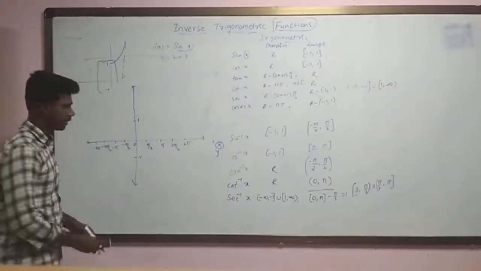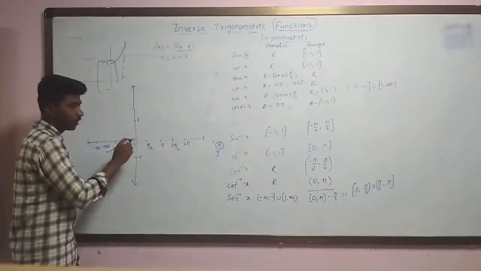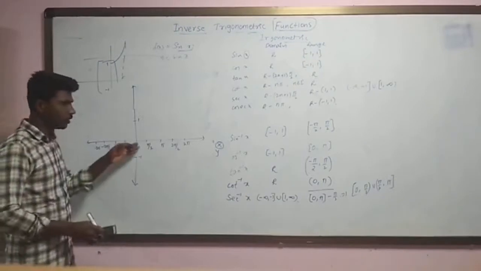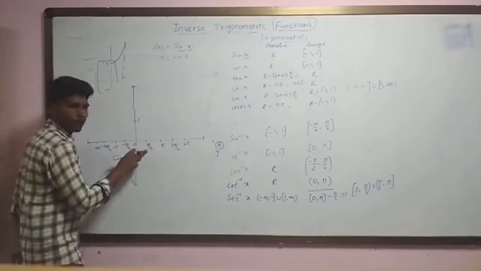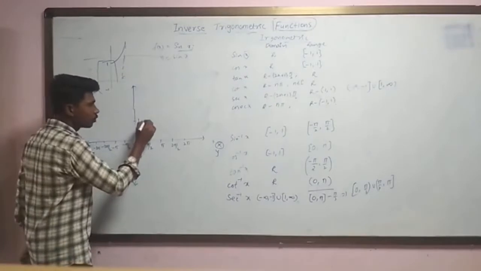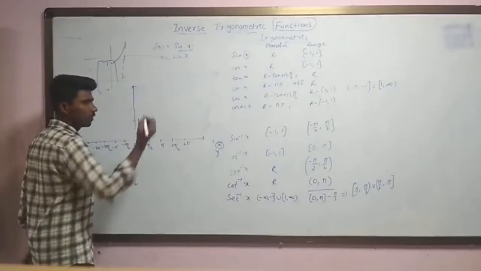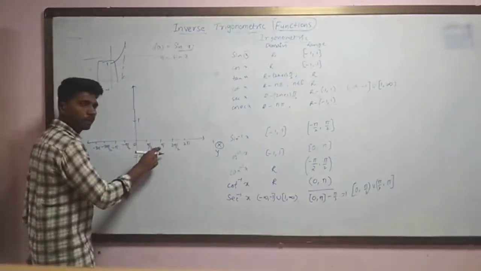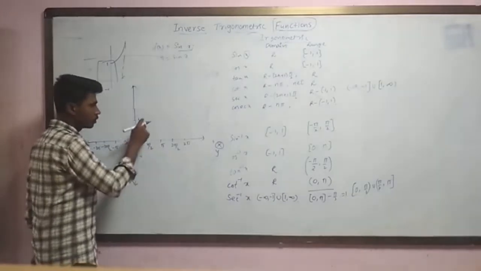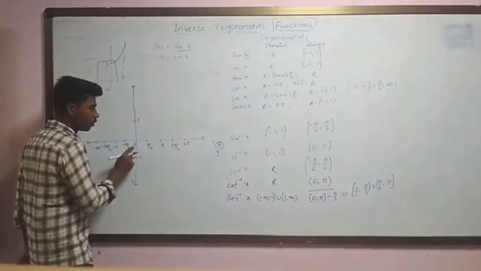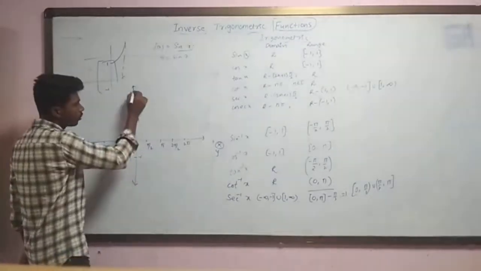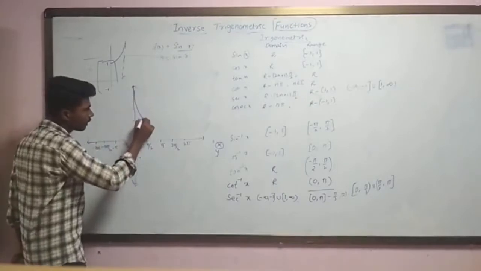Cosecant 0 is not defined, but cosecant pi by 2 is 1, and cosecant pi is again not defined. So we get the graph in this way.